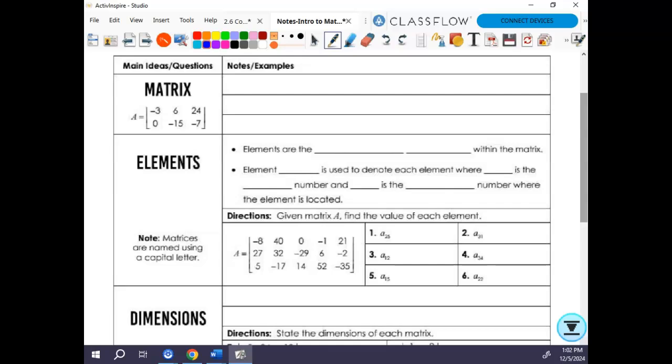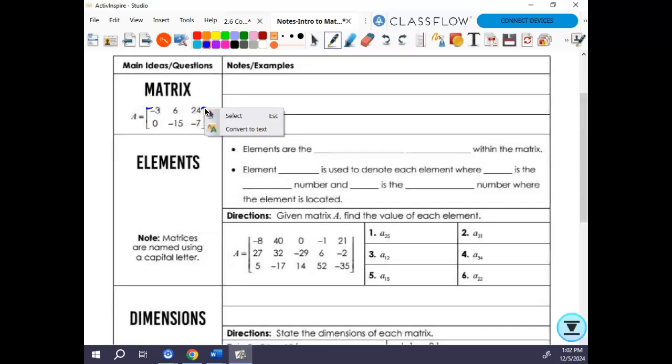So what is a matrix? For some reason that bracket doesn't look right on mine anyway. Okay, there we go, it's actually like a bracket there.